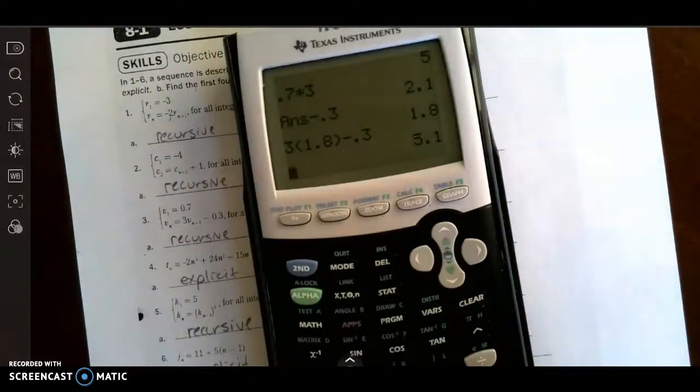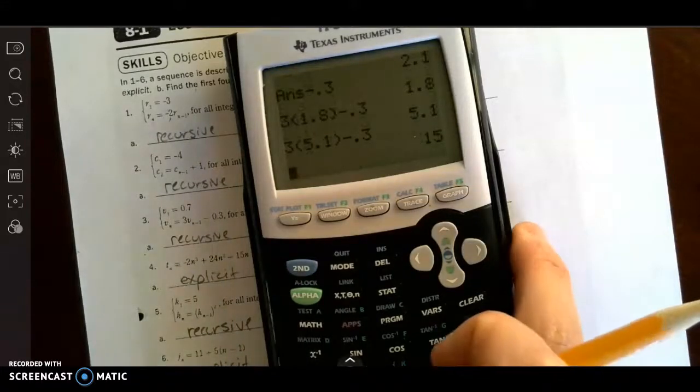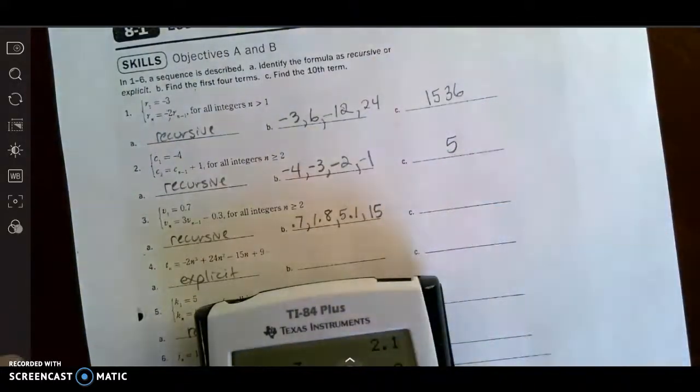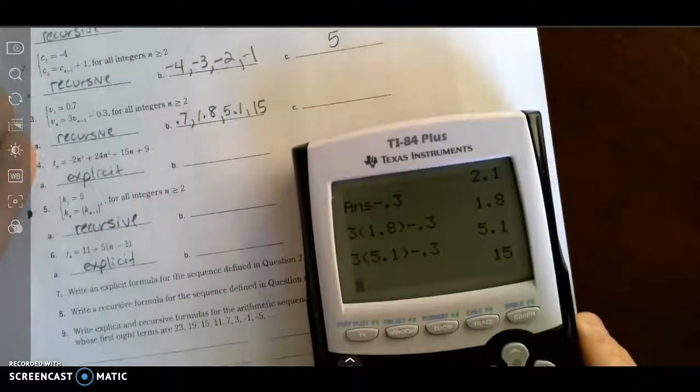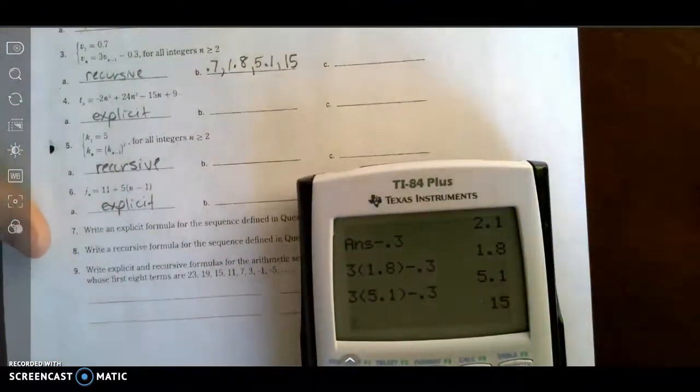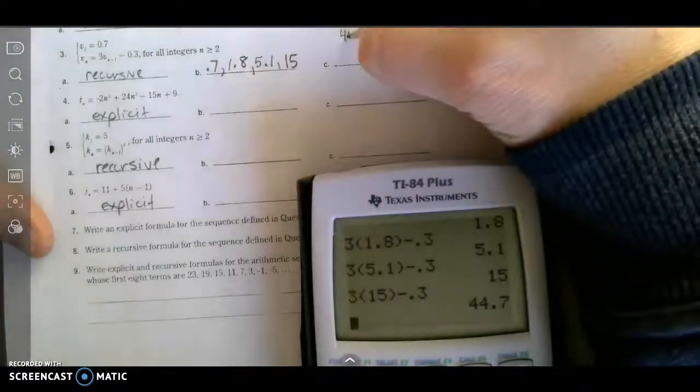Now I'm going to take 3 times 5.1, and subtract 0.3, and I get 15. Now I wish there was a faster way to do this, but there really isn't. So now I'm going to have to take 3 times 15 and subtract 0.3, and I get 44.7.